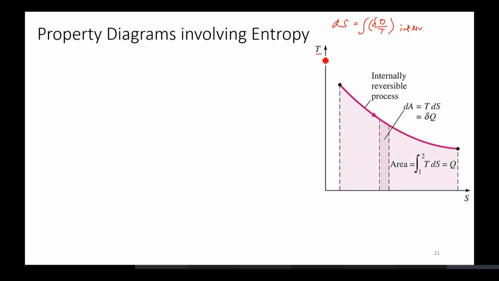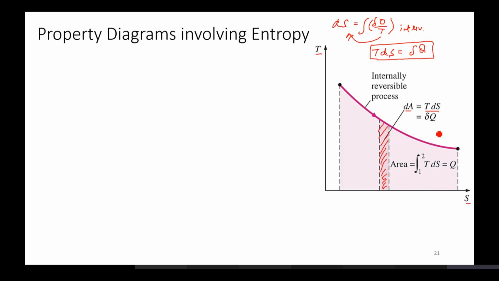So if you have a temperature versus entropy plot, and this is the line, the small area dA, which is the representation of a small integration process, would essentially be equal to T dS. This T dS would essentially be equal to the small heat addition for the process.